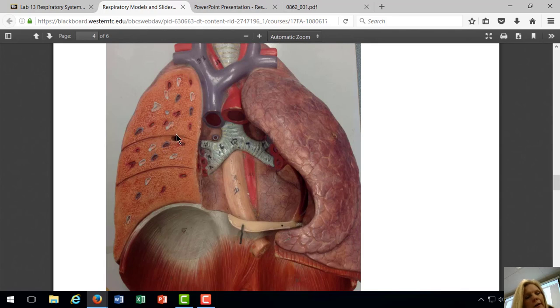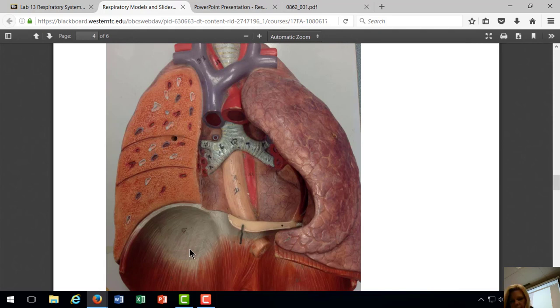This front has been taken off so we can see the inside a little better. But we can see there's a major separation here, and a major separation here. So we have 1, 2, 3 lobes on the right. And if we follow the airways coming down, we'll see this major branching of the trachea. There are 3 bronchi, 3 major branches. We'll talk about the airways in a little bit. There are 3 airways here and 2 airways here. So 2 lobes on the left, 3 lobes on the right. And then we also talked about the diaphragm here.